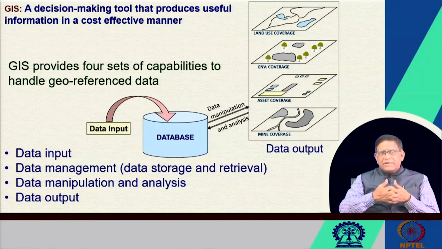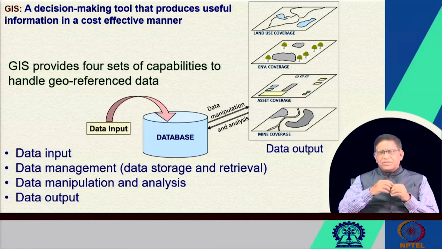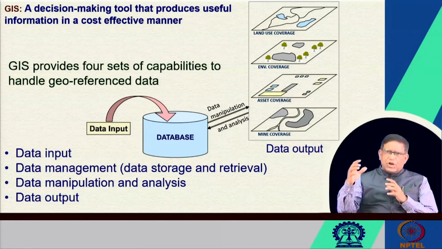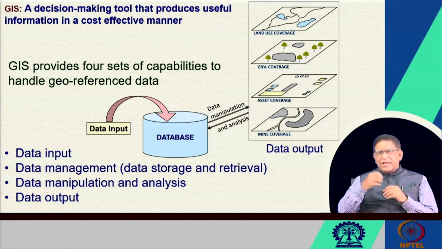So now, coming a little bit to using this as a tool, what exactly is it? You have data input and then data management in the database. That database will be operated with the required software, which will get the data, manipulate and analyze it.